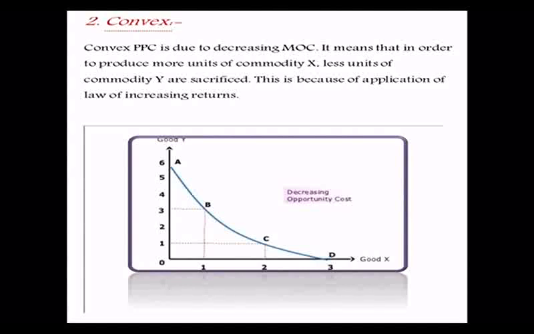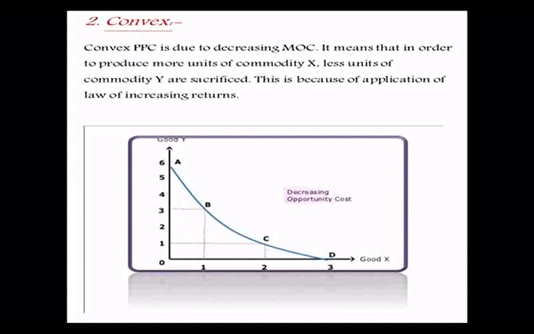This is because of the law of increasing returns that you will read in the next chapters. I think it is clear. Fewer and fewer units of a commodity are sacrificed to gain an additional unit of another commodity.